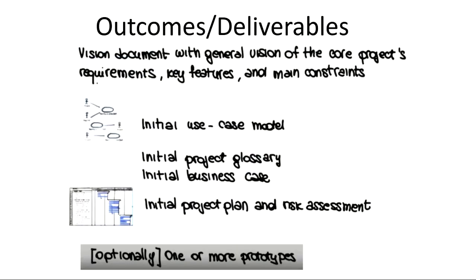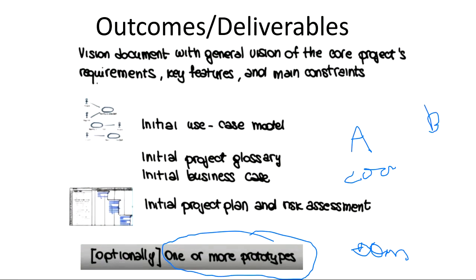One or more prototypes. This depends on whether you have made this kind of project earlier or not. Suppose this Domino's example only. You are given this Domino's project, and in the past, you have made this Domino's project for say two parties, for party A you made this project in 2000 and for party B you made it in say 2010. So you will create some rough prototypes of these models also.